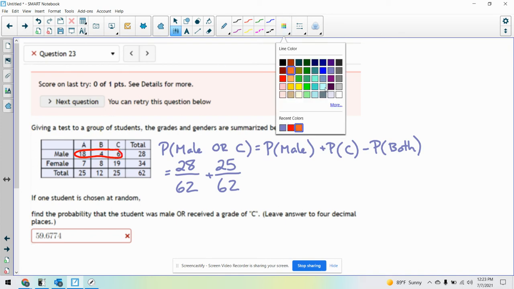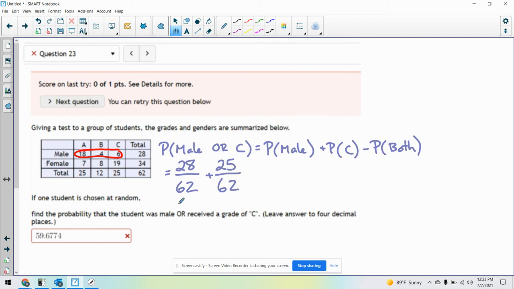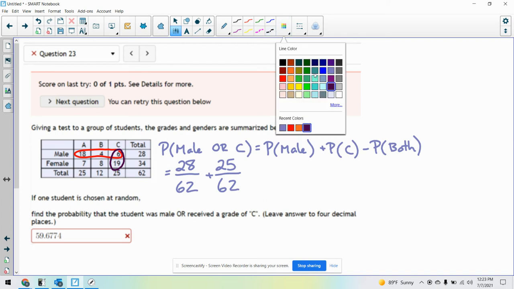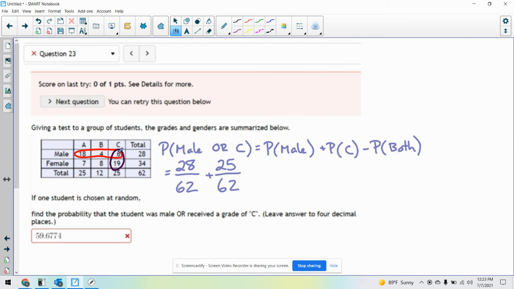The second number, 25 over 62, I got 25 by adding up all the C students. But you should notice that I counted a group twice, namely, the males who got a C. So I have to subtract that off. Minus 6 out of 62.